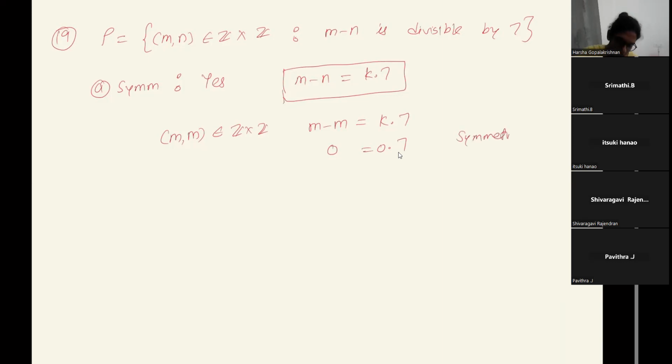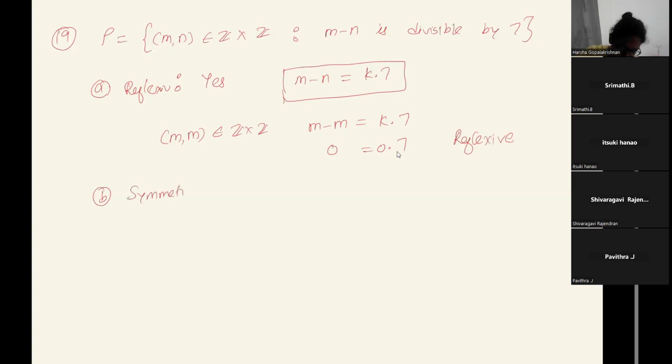Yes, teacher. Oh, sorry, this is the reflexive condition. This is reflexive, not symmetric. M is related to m is the condition of reflexivity, not symmetry. Now let's go to the symmetry condition.